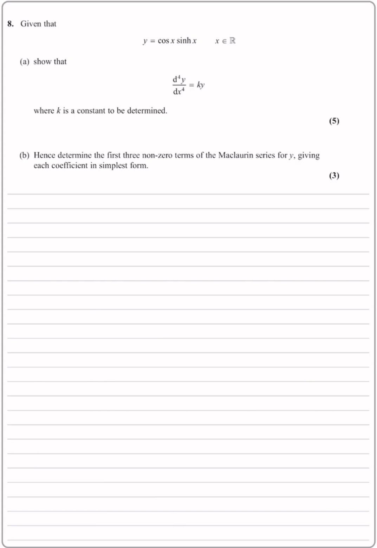Question number 8. This is the hyperbolic equation. All right, differentiating using the product rule, cos x differentiates to minus sine x, so minus sine x, and then hyperbolic sine of x. Hyperbolic sine of x differentiates to hyperbolic cos of x, so we get cos x times hyperbolic cos x using the product rule.